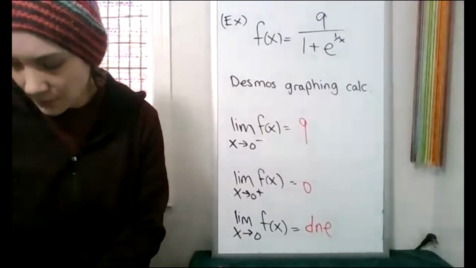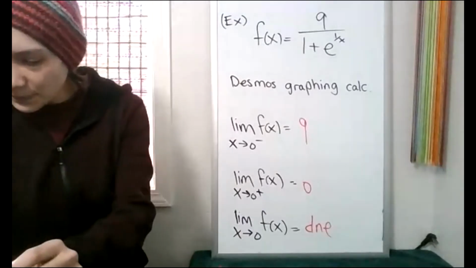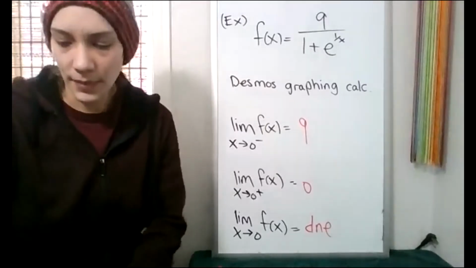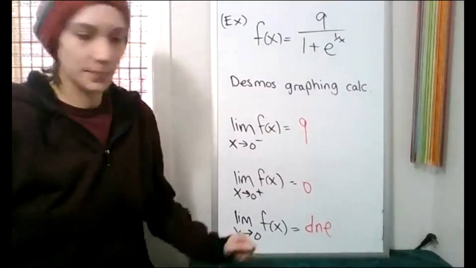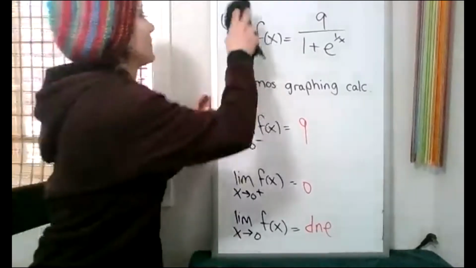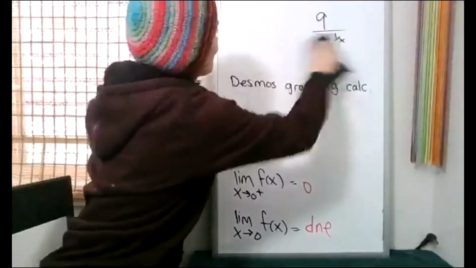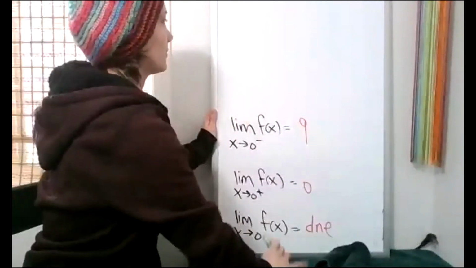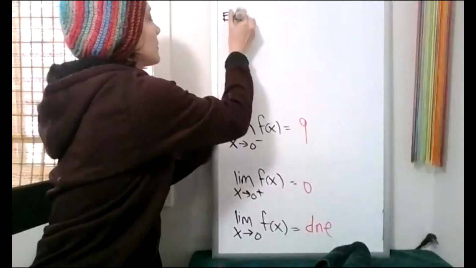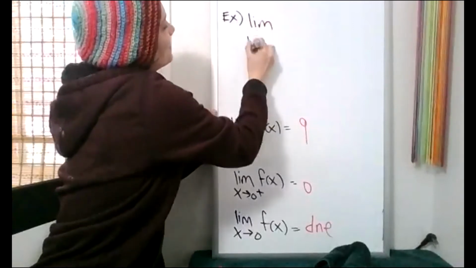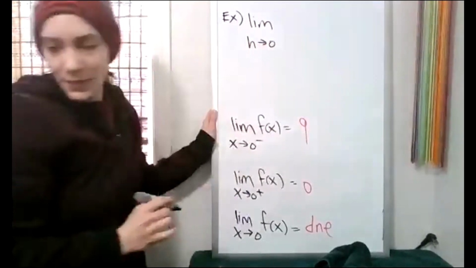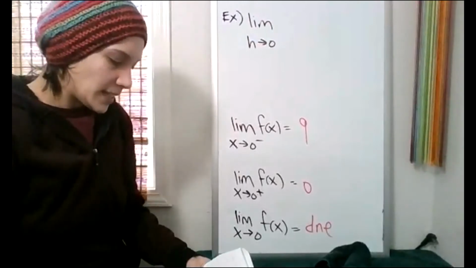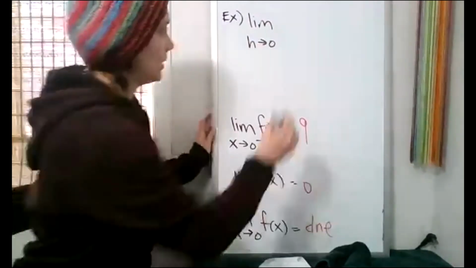Next one is, let's do this. The limit as h goes to 0 of the function is the root of 81 plus h minus 9, all over h.